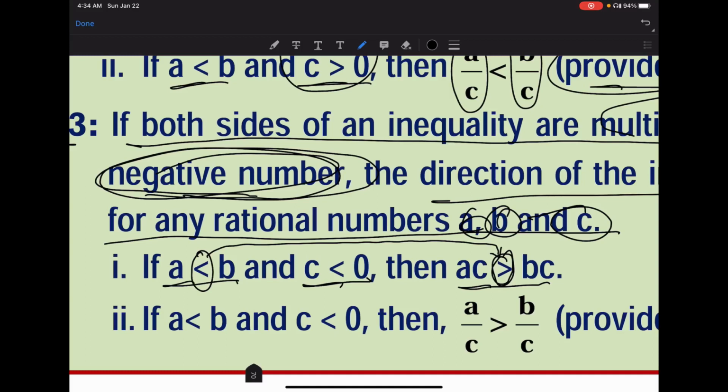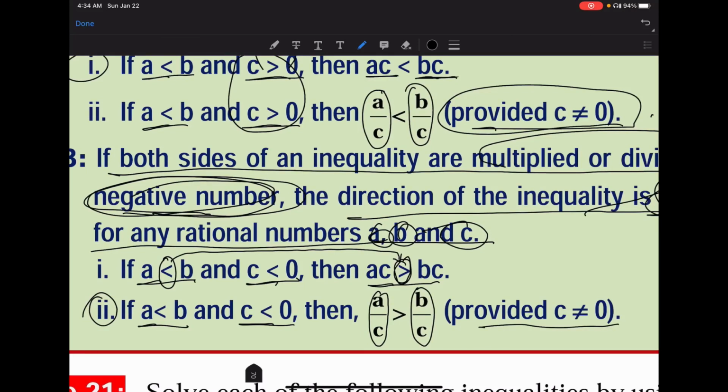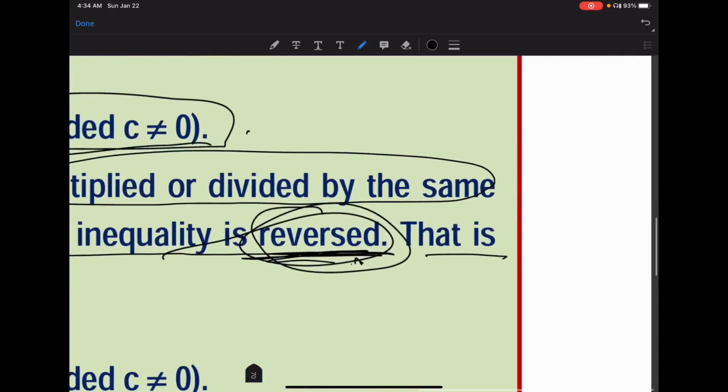Why does this happen? Because c is less than 0. Second, if a is less than b and c is less than 0, then a over c is greater than b over c, provided that c is different from 0. Right, c is less than 0. Here it was less than; notice what it changed to: greater than.